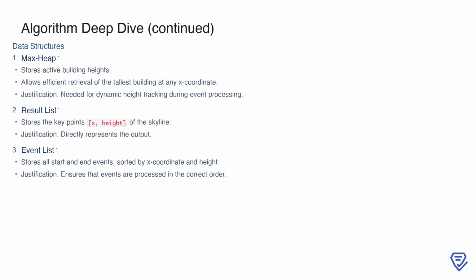This list directly represents the desired output and is updated only when a height transition occurs. Third, the event list, which contains all the start and end events, sorted by x coordinate and height. Sorting ensures that the events are processed in the correct order, enabling accurate handling of overlapping buildings and transitions. Together, these data structures provide the foundation for efficiently computing the skyline.